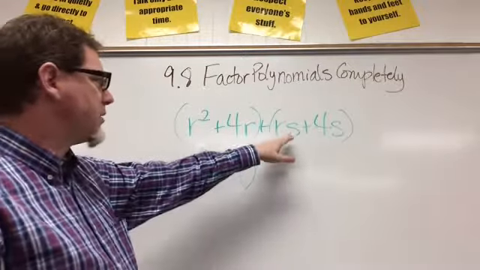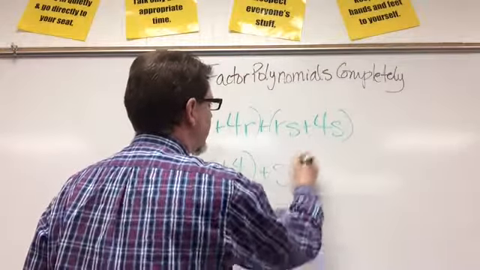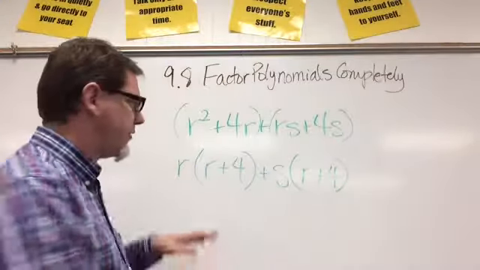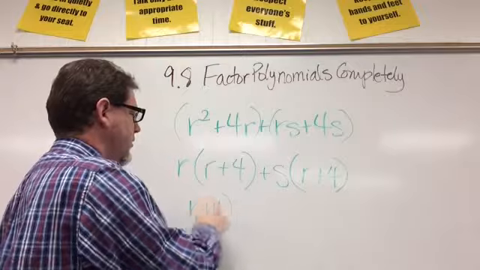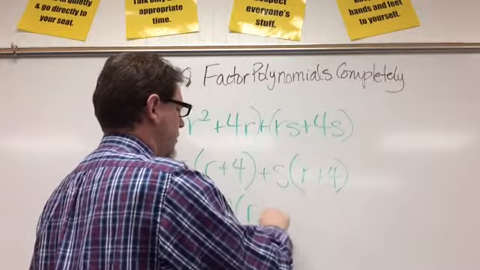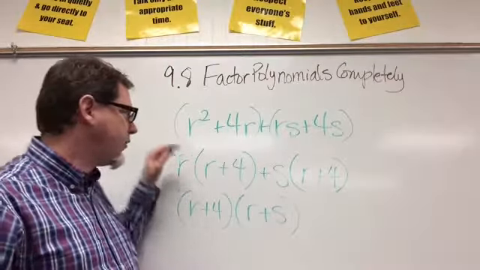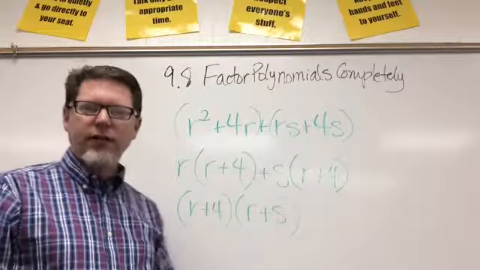And the greatest common factor for rs and 4s is s. So plus s, and that's r plus 4. And now I factor out our greatest common binomial, which would be r plus 4 times the quantity of r plus s. Again, if we have 4 terms in our polynomial, group them, and then factor out the greatest common factor.